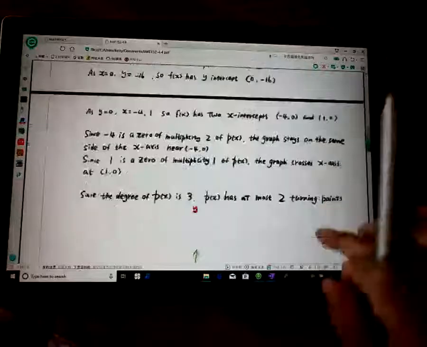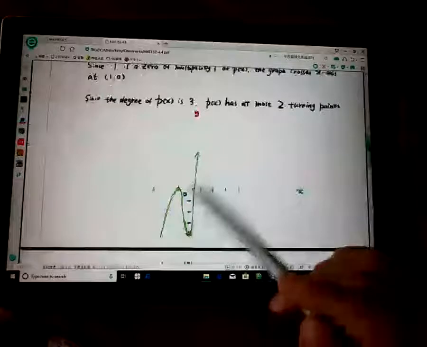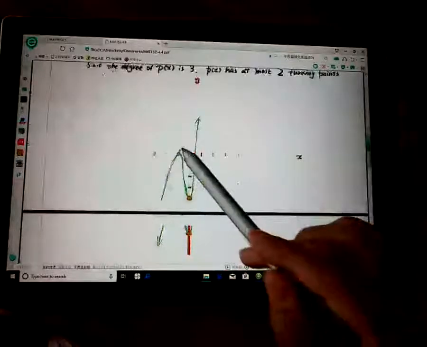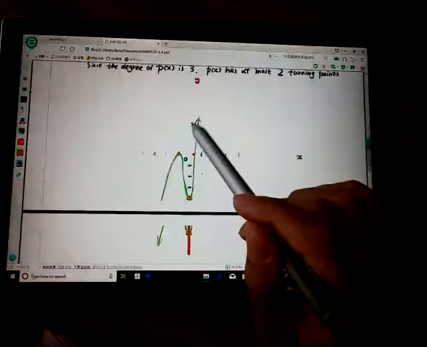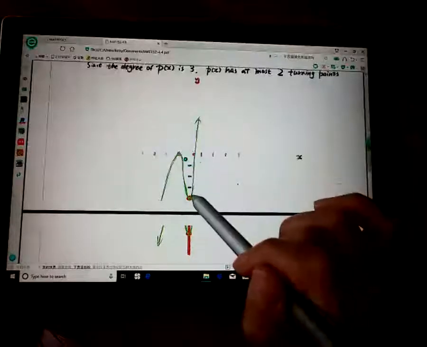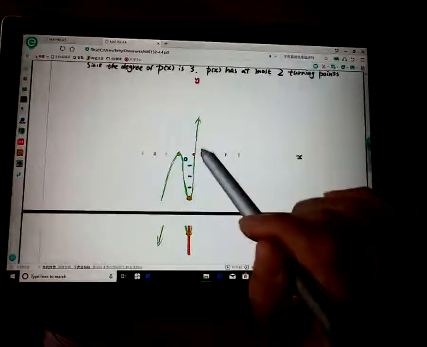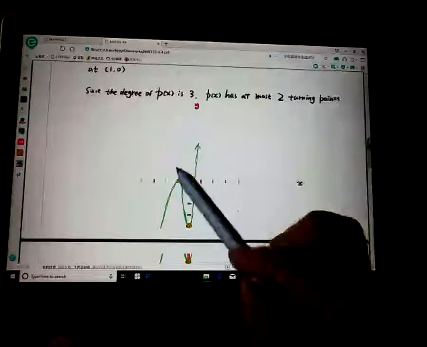You can see the graph here. Turns out the green graph is the graph of the polynomial. This is -4, I'm sorry, and that is 1.